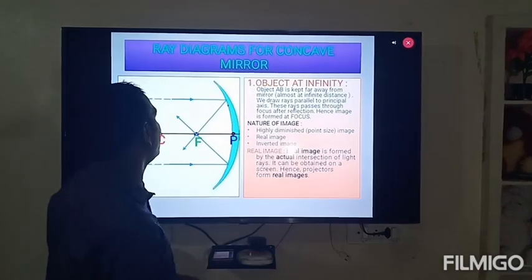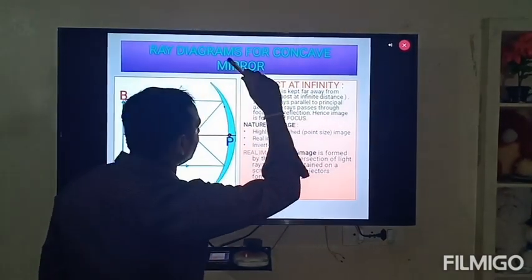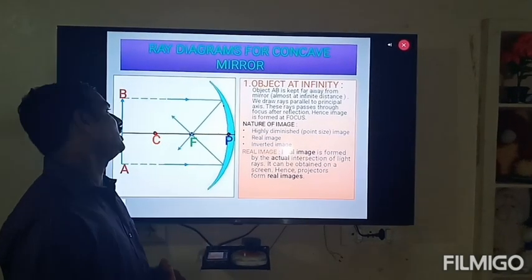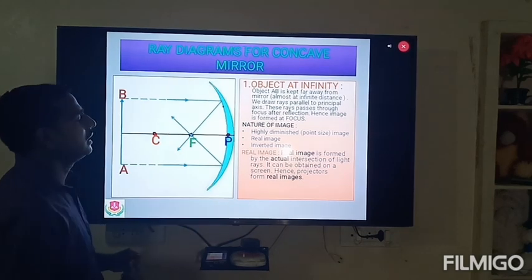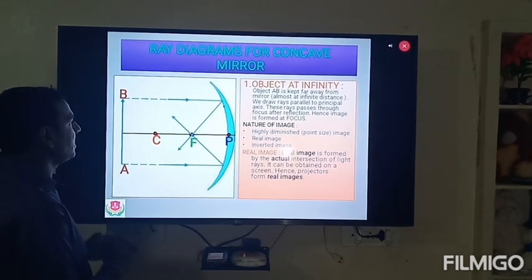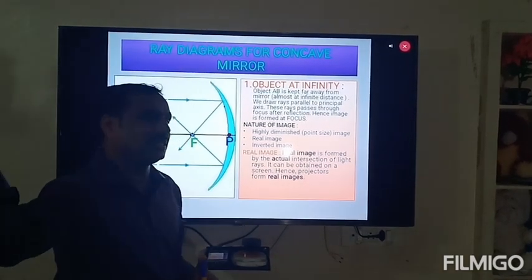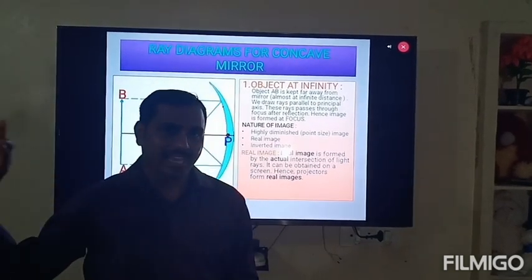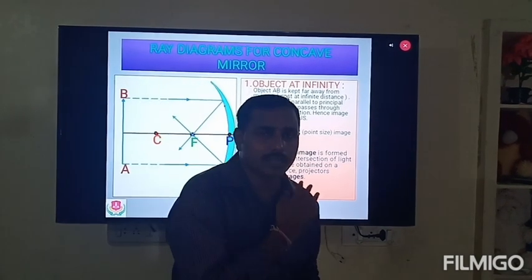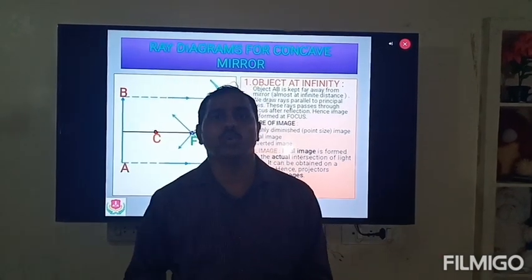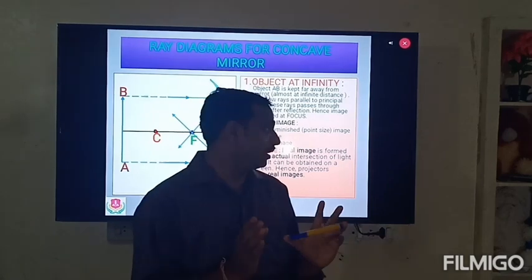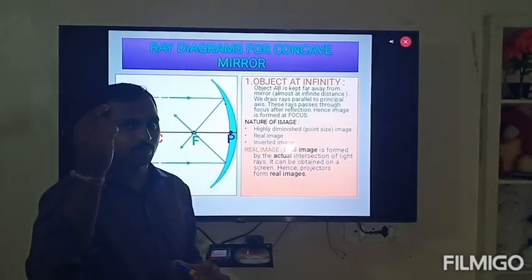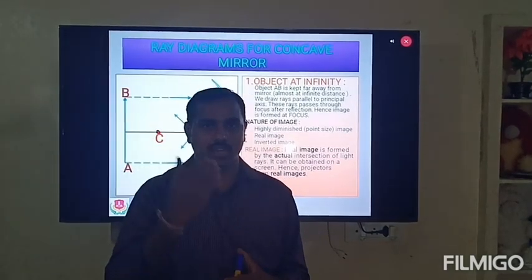The first case, what is that? Object at infinity. If we keep the object at infinity, where is the image formed and how to draw the ray diagrams? Here in this case particularly, whenever an object is very far from the mirror, as we know, only the parallel rays reach the reflecting surface or concave mirror.